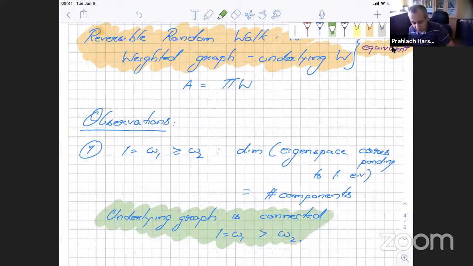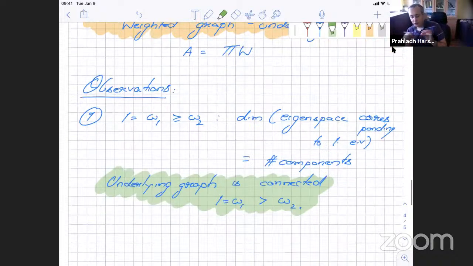And what we will do towards the end of today's lecture and most of next lecture will be to understand and measure this spectral notion of connectedness. Omega 2 being apart from 1 tells you whether the graph is connected or not. We will give a combinatorial notion of connectedness called the conductance. And we'll compare these two notions.